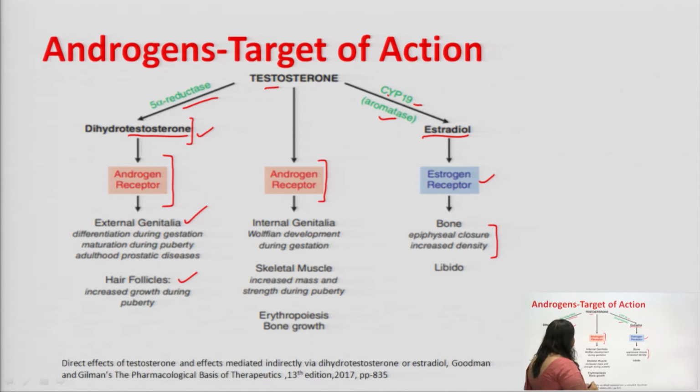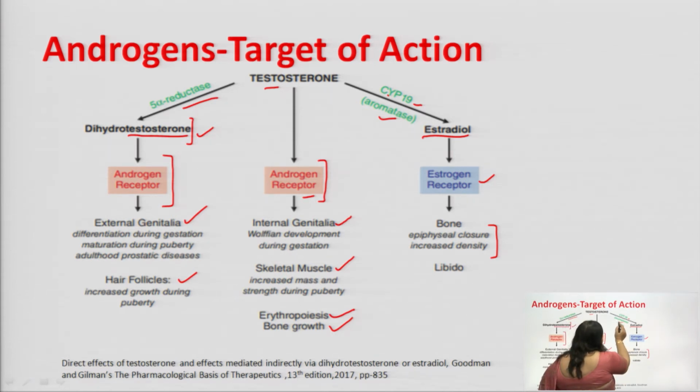When testosterone acts directly on the androgen receptors, it is responsible for development of the internal genitalia, increased mass of skeletal muscles, and erythropoiesis, which we will talk about shortly. It is also responsible for bone growth.